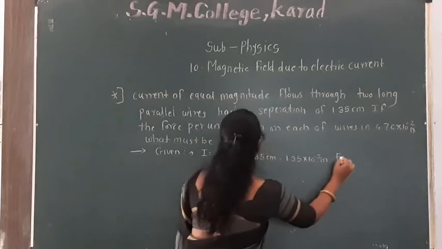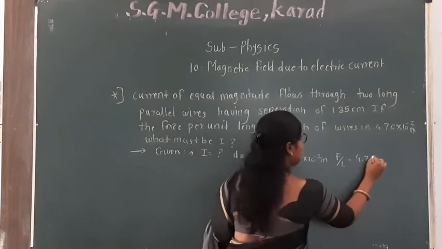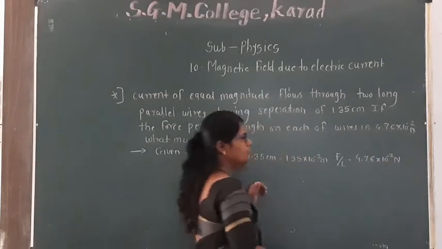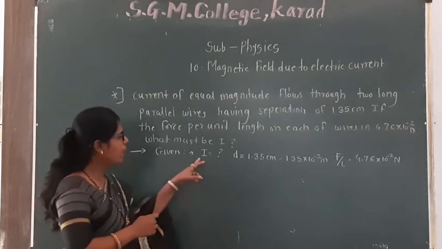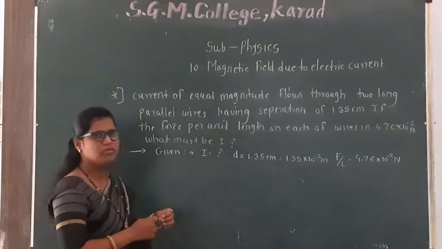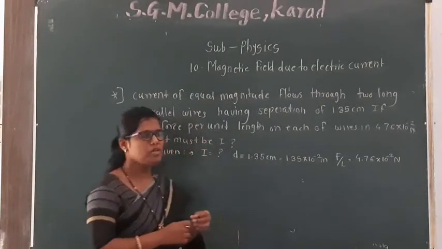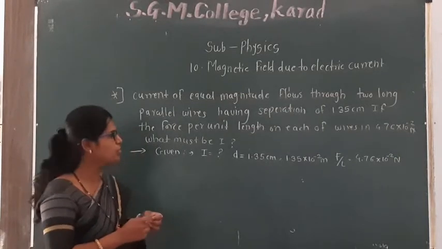F upon L is 4.76 into 10 raised to minus 2 Newton. This value is given here. Now we have to calculate the value of I. D is given as 1.35 centimeter. Force per unit length is 4.76 into 10 raised to minus 2 Newton.